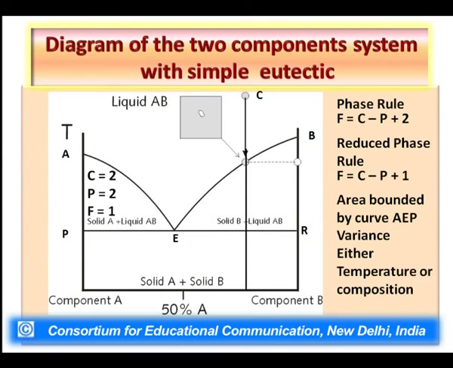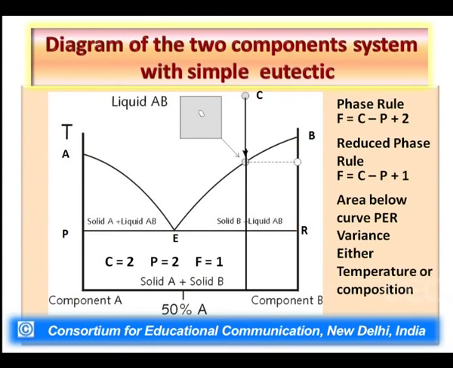With the same argument, we can say the degree of freedom, number of components and phases are also the same, C is 2, P is 2 and F is 1, in the area bounded by curve BER. Now in the area below curve PER, there is only solid A and solid B, so there are two phases. So P is 2 there and C is already 2, as we have already discussed. So the degree of freedom is 1.